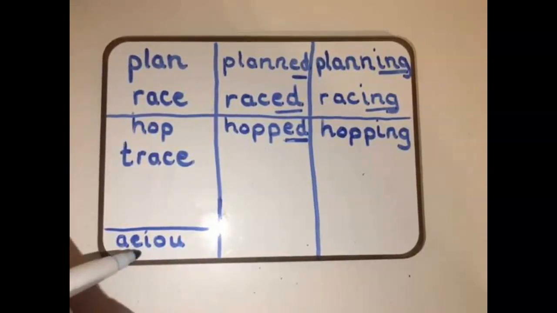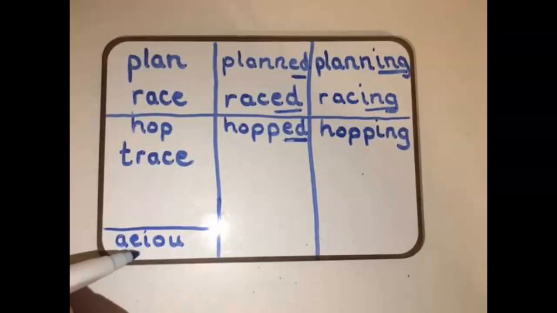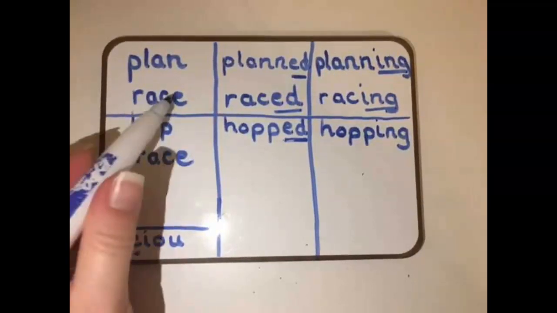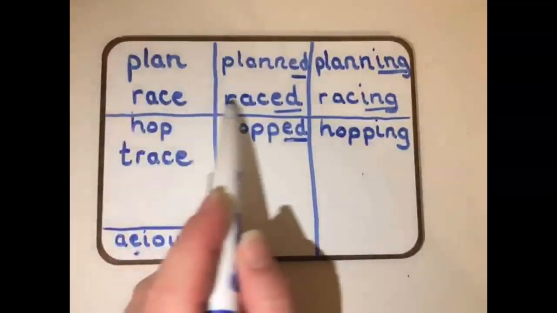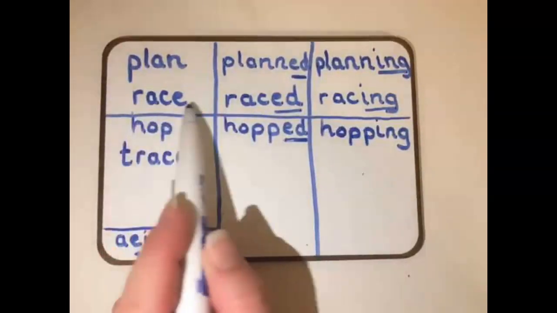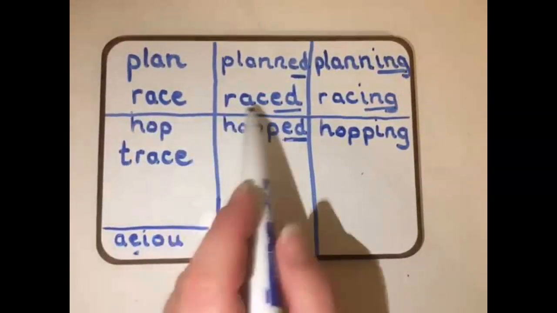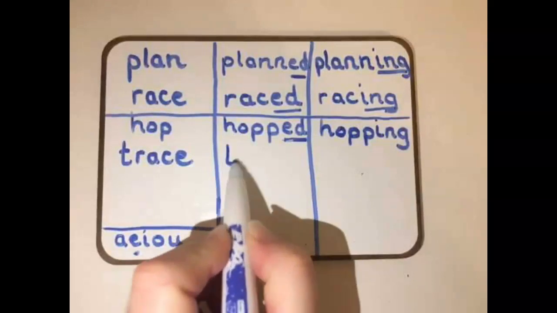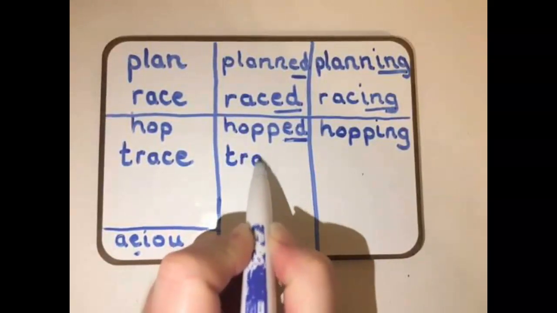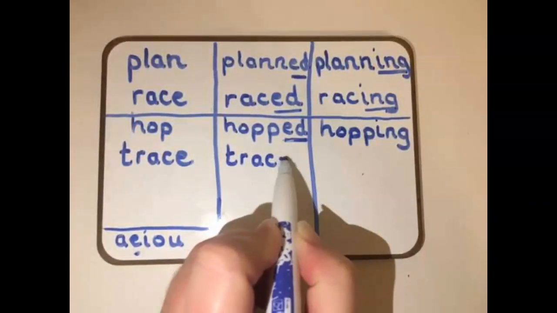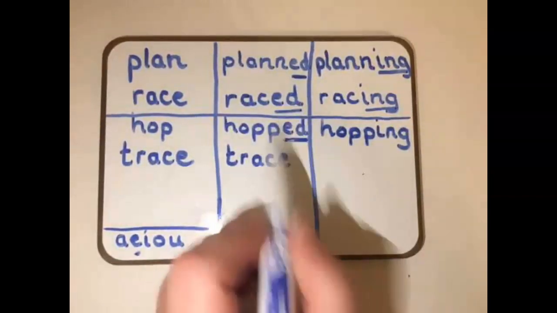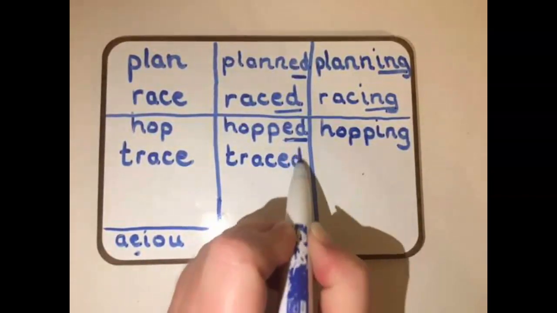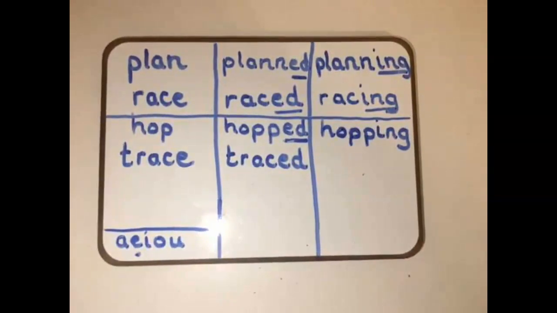That's right. It ends with E, a vowel, right? Just like race did. So now if we follow the rule that we followed for race, trace, we can write T-R-A-C, and the E now belongs to the suffix, and we put a D on the end, right?